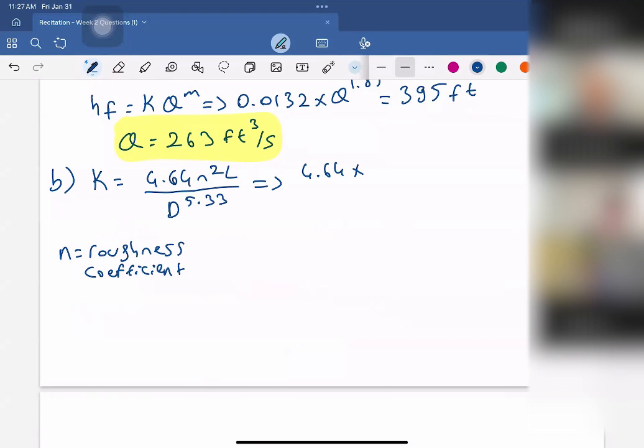And again, we don't need to find this equation because it's a feature of the pipe, and it is given as 0.01.